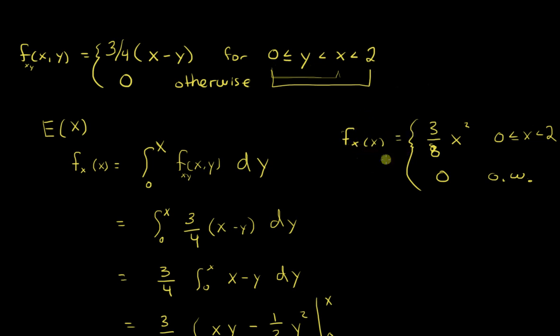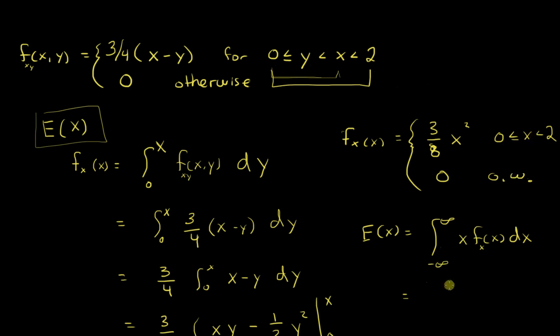Now that I have this, I can find the expected value of x, which is my goal. The expected value of x is the integral, technically from negative infinity to infinity, of x times f of x dx. This is the general definition for expected value. Now let's plug in what we have.